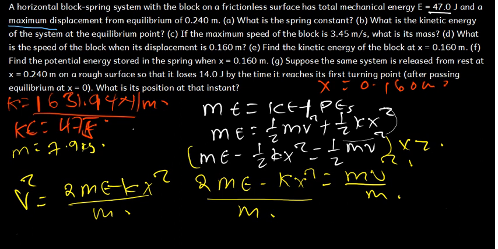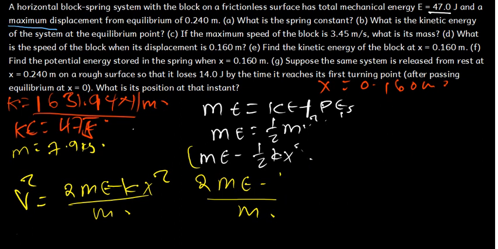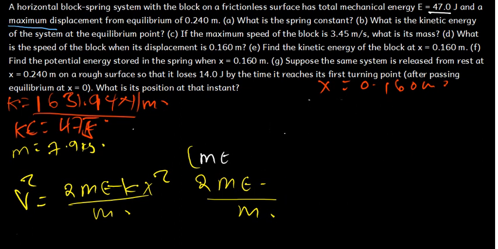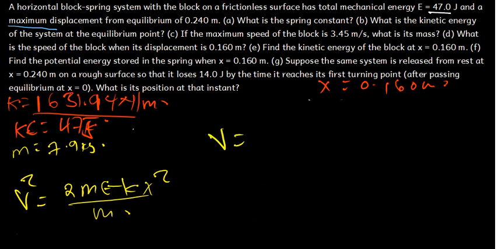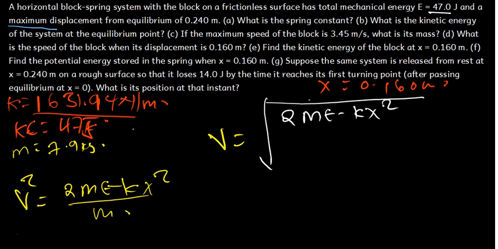So we get the square root of both sides. We are going to get that v is equal to the square root of 2 mechanical energy minus kx squared, divided by the mass. Let's plug in the values now.